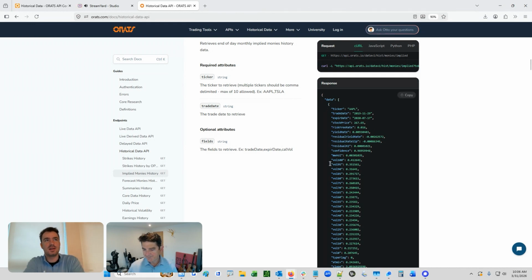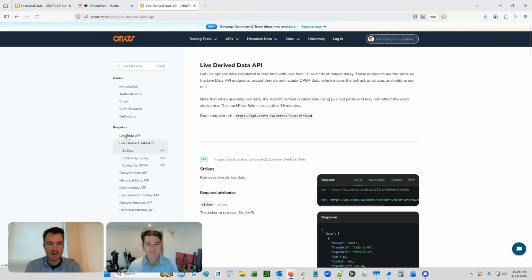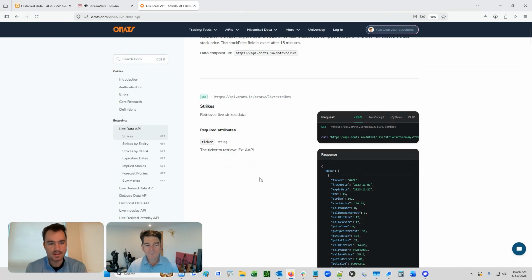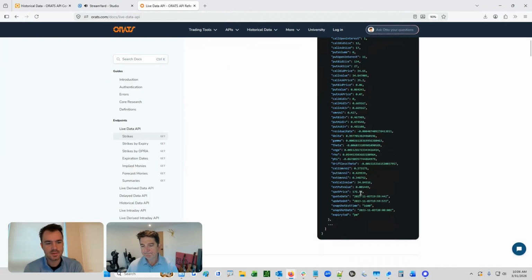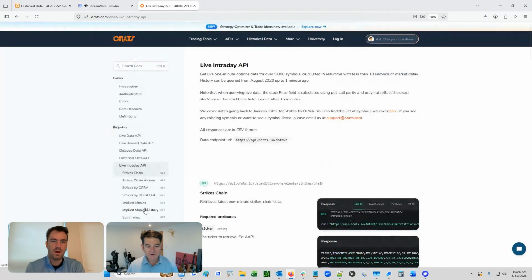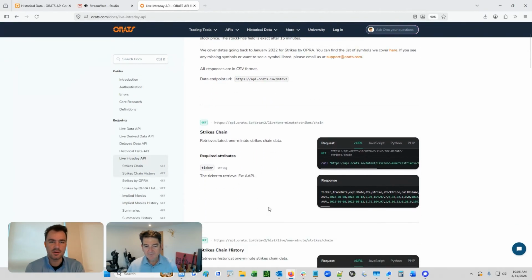Yeah, I mean, we're seeing probably the highest amount of growth in the live APIs. So we have live data APIs that have less than 10 seconds of market delay, which is good enough for a lot of retail use cases. And that's where we're seeing a lot of the growth. Also in the intraday API. So we have the 1 minute history that Matt was talking about earlier with the flat files.